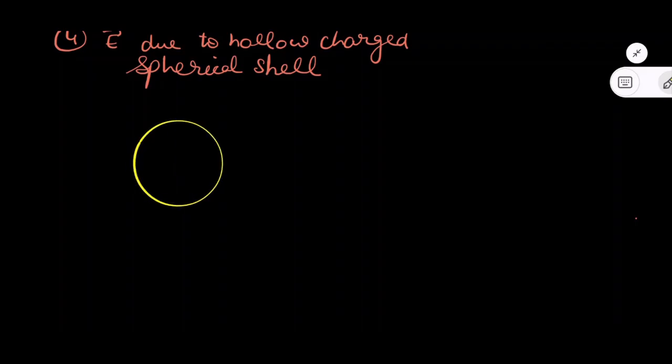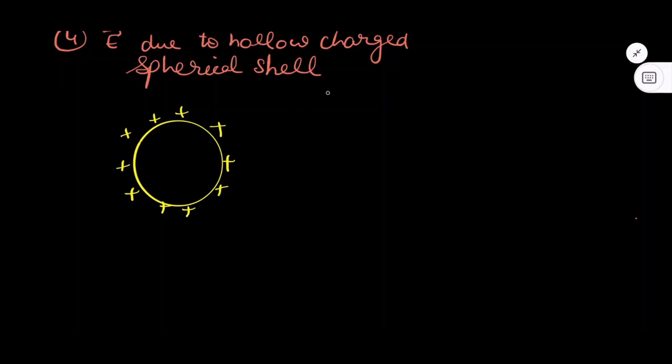This is my sphere which is hollow in nature, so the whole of the charge will be distributed on the surface of the sphere, right? Now we have to find the electric field due to this sphere. So let me draw a Gaussian surface. The Gaussian surface will be spherical in nature and the electric field will be radially outwards.